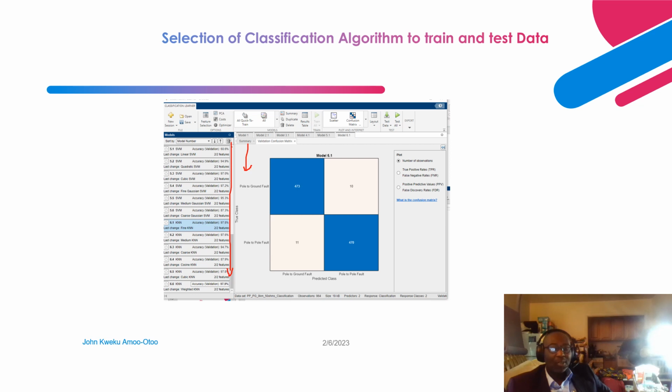Then basically, your confusion matrix for your training, right? Your confusion matrix are in different categories, right? Okay, so we have the true positive rate, TPR, the false negative rate, FNR, the false positive rate, FPR, then your positive predicted value, PPV, and the false discovery rate. Right? Those are all the categories that your confusion matrix will provide to you, and we'll see examples of that.